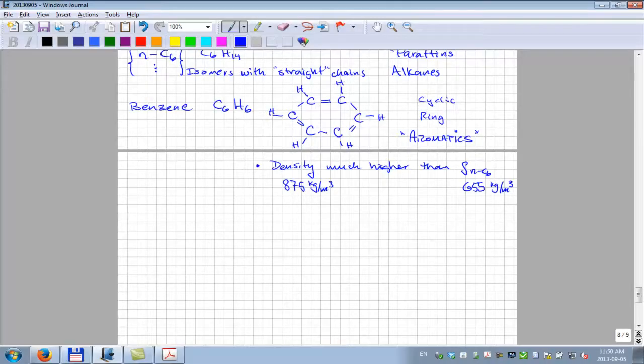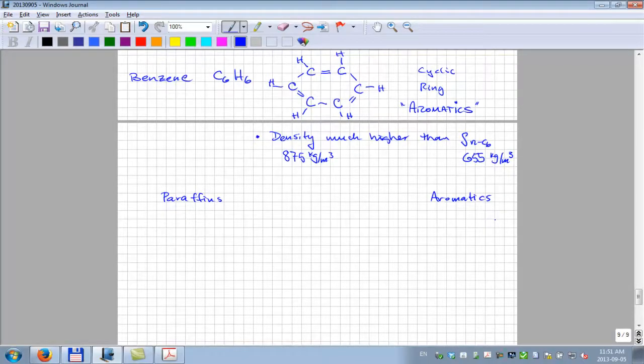One is paraffin, one is aromatic, and they're at the extremes of properties for a given number of carbon numbers. So we can just kind of classify: paraffins or alkanes, and then aromatics. And all of the properties, from density to solubility in water, whatever, are going to be very different for these compounds, given the same number of carbon atoms in a molecule.